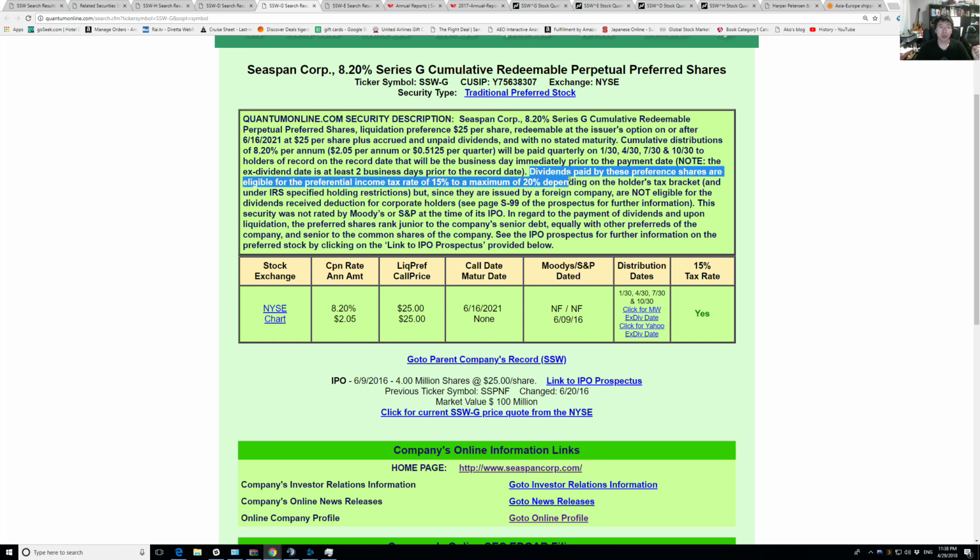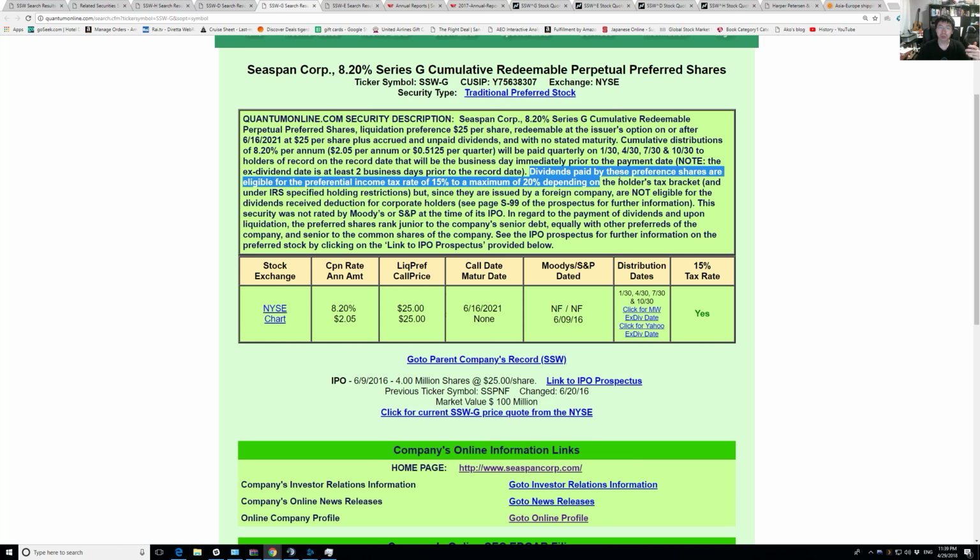All right. And this is also important. Some preferred shares have preferential income tax treatment, and some don't. These ones have qualified dividend payments, and there are some that have non-qualified, and those would be taxed at your ordinary income rate.